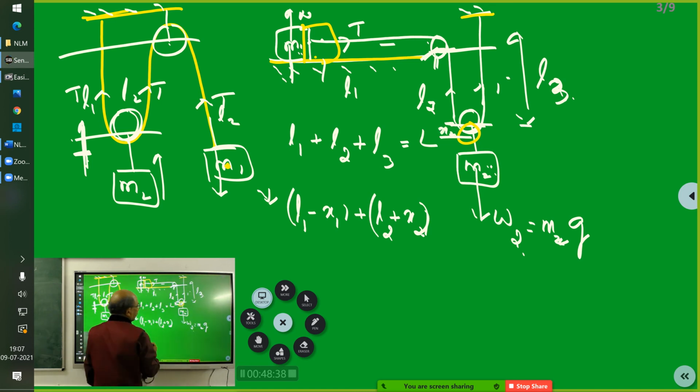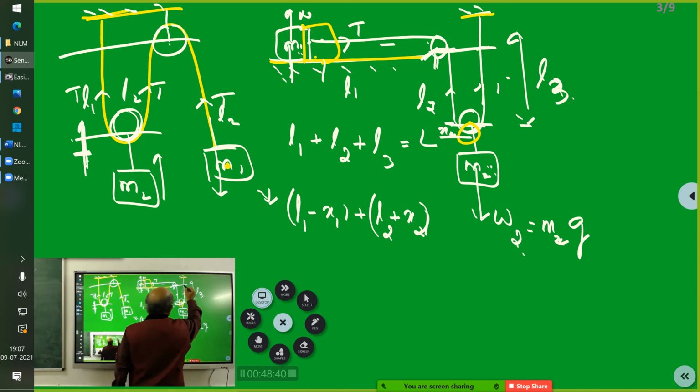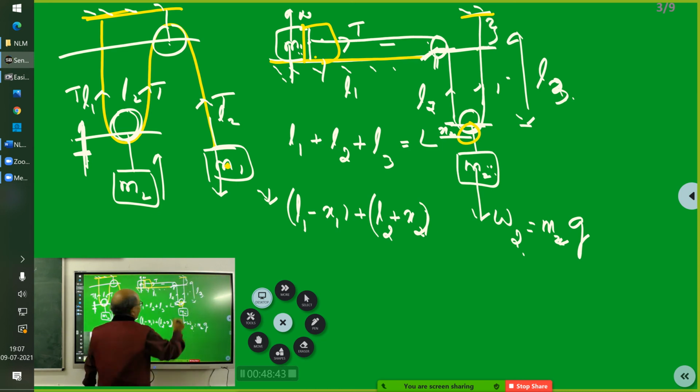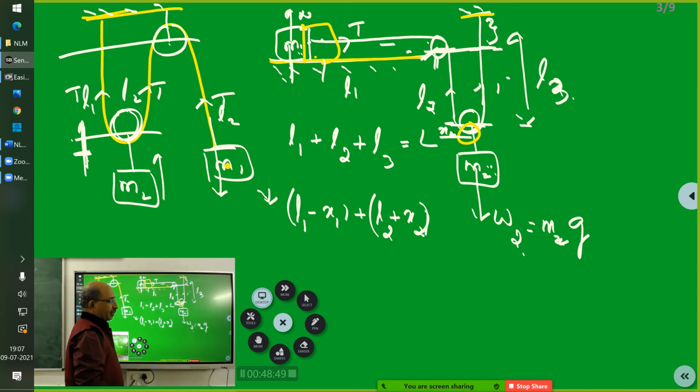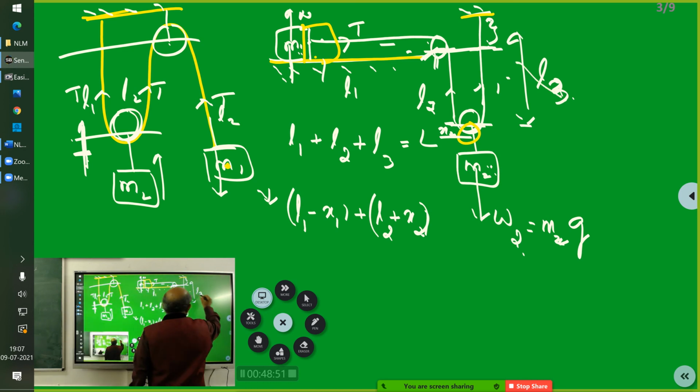Now you see, this length is fixed. If I take this as the reference line, this length is fixed. Therefore, instead of taking L3, I can still take this as L2.